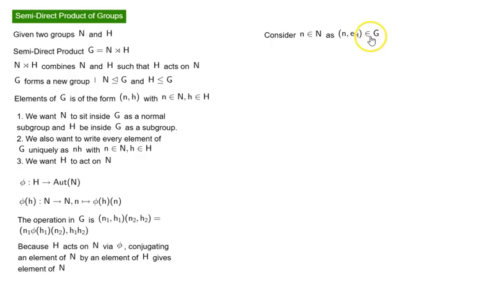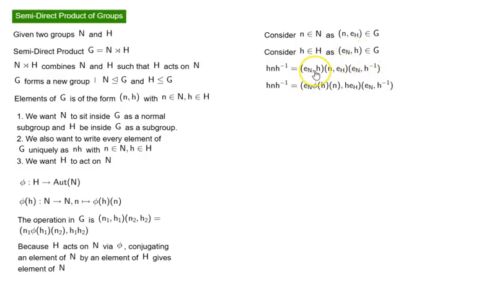Now this ordered pair is in G. Consider h in H as the ordered pair (the identity of N, h), again in G. So let's do the conjugation. h n h inverse will give us what? h is (e_N, h) times n, which is (n, e_H), times (e_N, h) inverse.